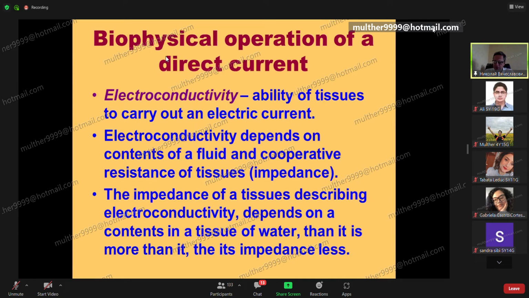And the impedance described in electroconductivity depends, as I said, on the content of water. The more water, the less the impedance of the concrete tissue.